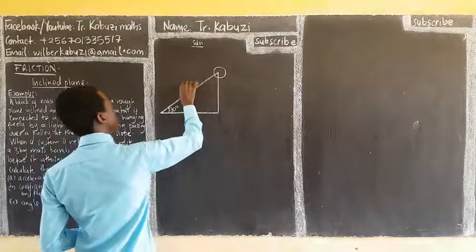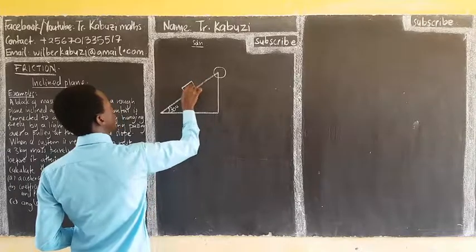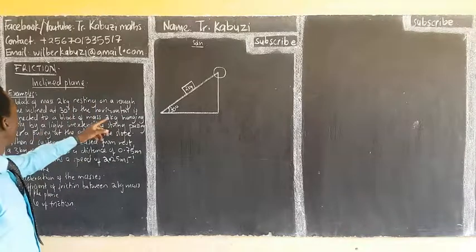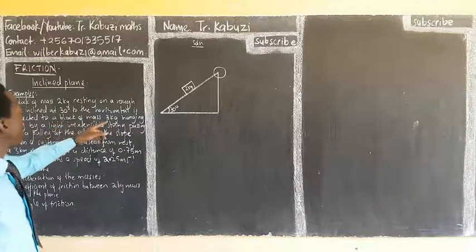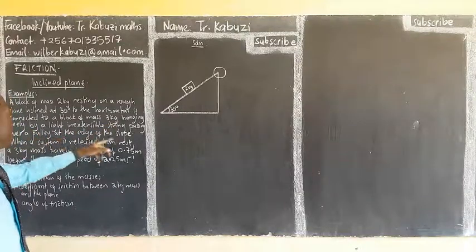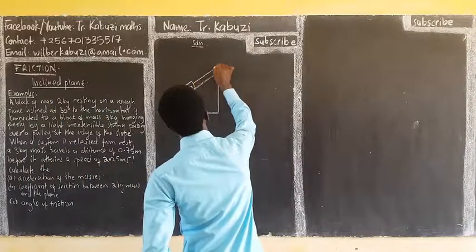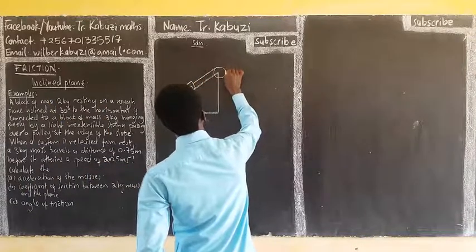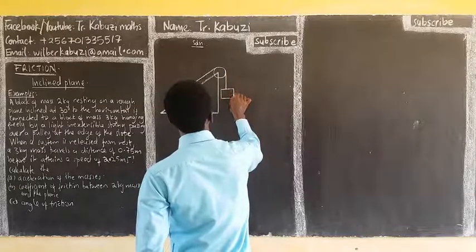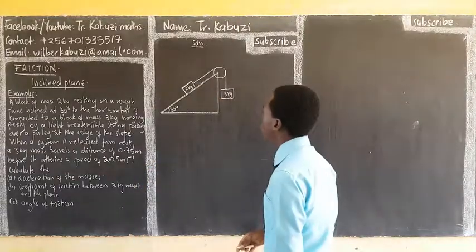We have a block of mass 2 kilograms, connected to a block of mass 3 kilograms hanging freely by a light inextensible string passing over a pulley at the edge of the slope.